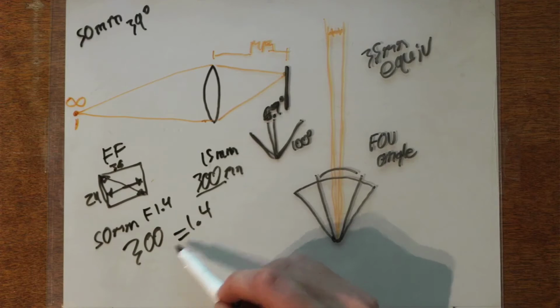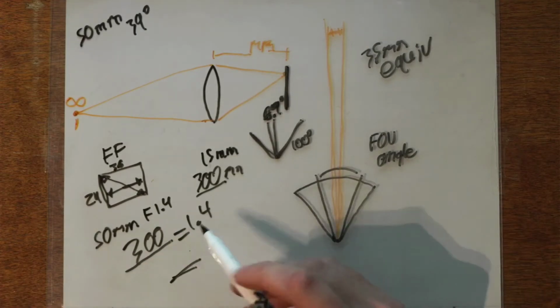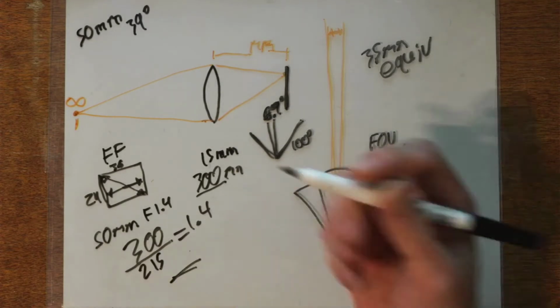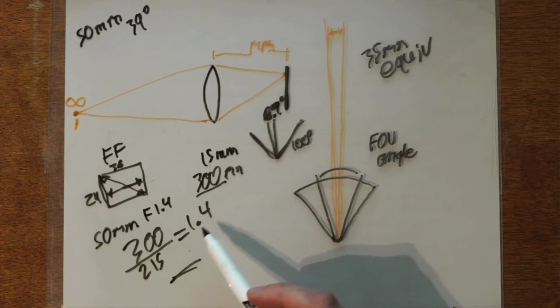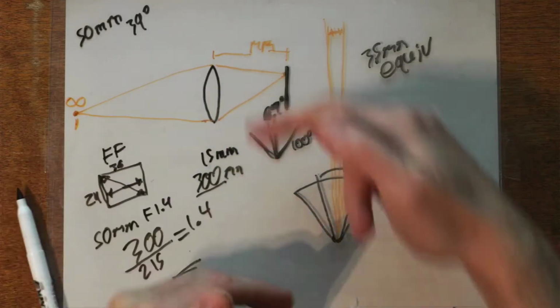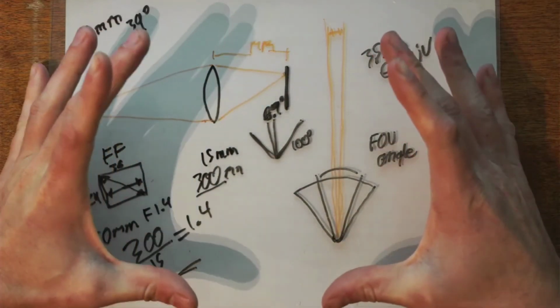Well, now we have to do the math. So 300 divided by 1.4 gives us 215 millimeters. So to have a 300 millimeter f1.4 lens, I would need 250 millimeters, about 8 inches. So about the width of this piece of paper, about the size of a dinner plate.